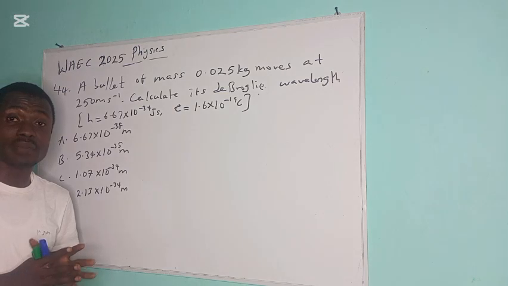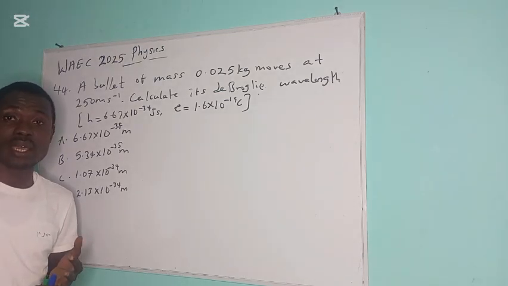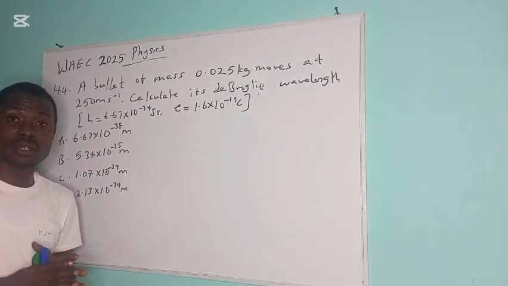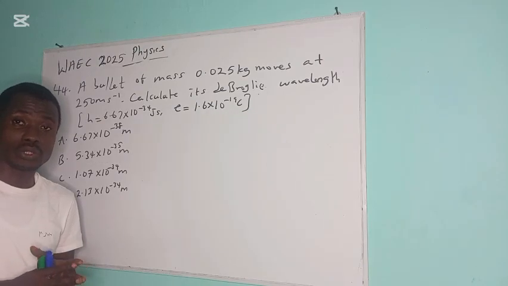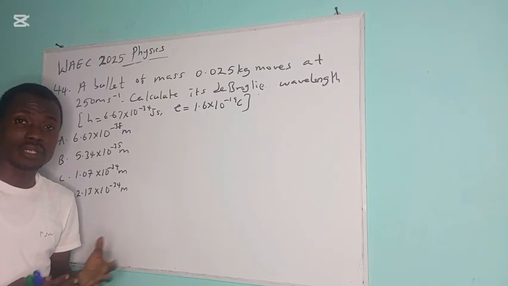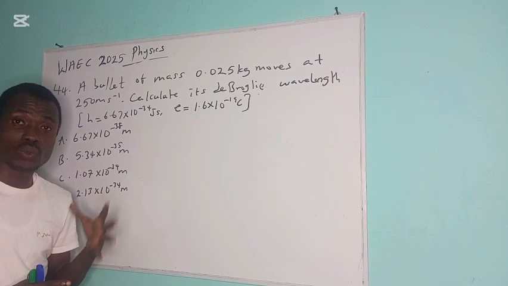So find its significance in the behavior of particles at the atomic level and subatomic level, especially where quantum mechanical effects are very crucial. But at the classical level, the de Broglie wavelength is so small that wave properties are negligible.